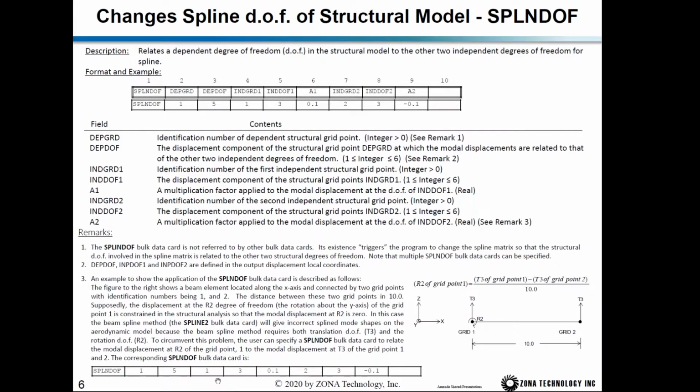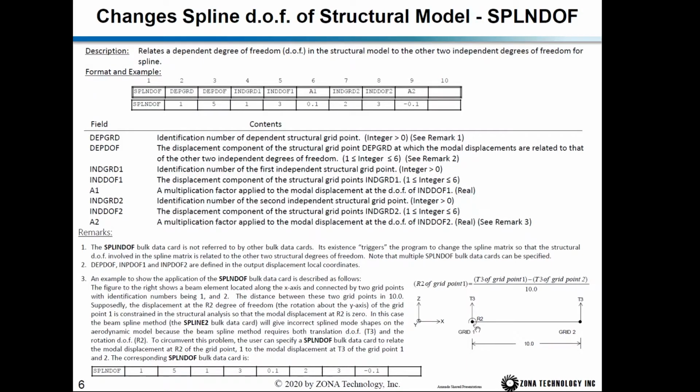Then you refer to the ID of the first point, which is called the independent structural grid point. The degree of freedom at this grid point is 3, so it's a T3. Then I refer to another grid point whose ID is 2, and the translational degree of freedom at this grid point is along T3, so it's 3.